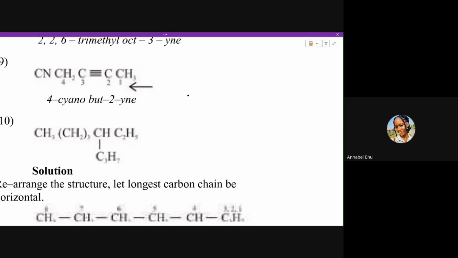Let me rewrite it: CH3, then bracket CH2 3, then we have CH, then C3H7, and then C2H5. How do you name this kind of structure? It's by drawing out the whole structure. Usually, that will help you. So don't just look at it and start trying to name on your own.